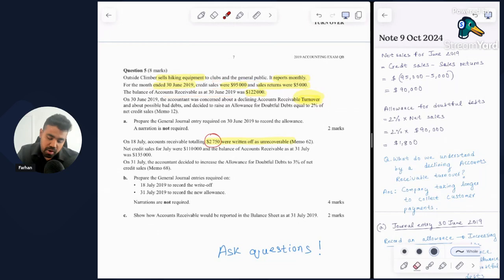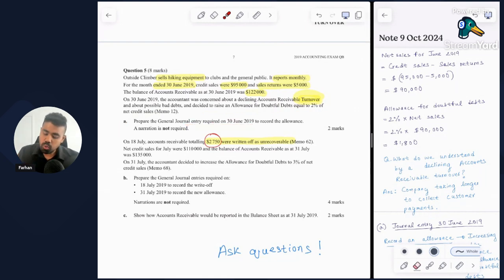Now, the second paragraph of the question says that on 30 June 2019, we are concerned about a declining accounts receivable turnover and about possible bad debts, and we decided to raise an allowance for doubtful debts equal to 2% of net credit sales. The first requirement of the question is to do the journal entries on 30 June 2019 to record this allowance.